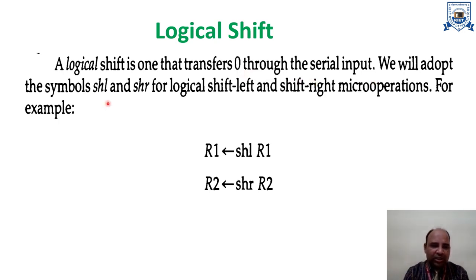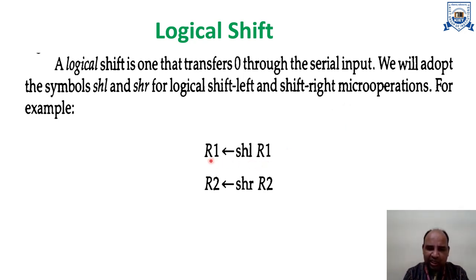Now, generally SHL is used to represent the logical shift left, and SHR is used for representing the shift right micro operation. Let us try to understand with this statement: SHL R1 to R1.